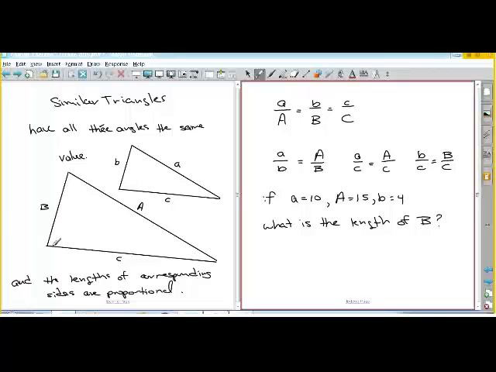Question mark. So that's the side that corresponds to this side. So you can use either one. So let's use both of them and show you get the same answer.